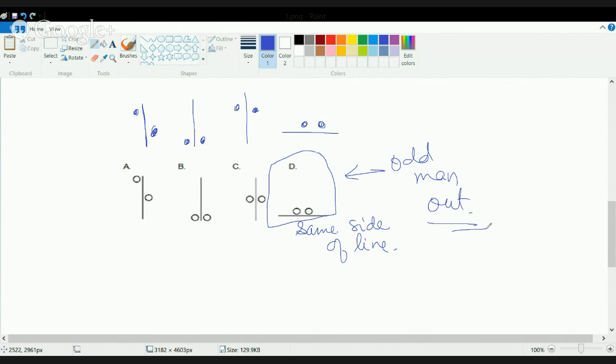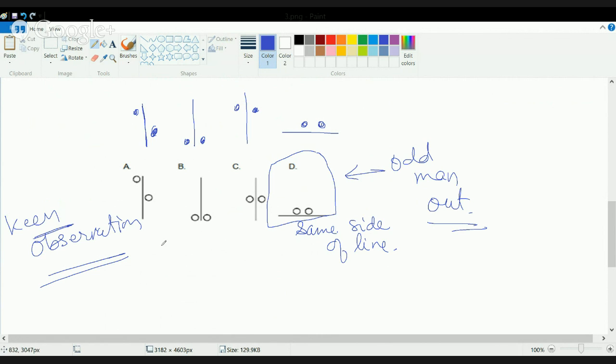So you need to do very keen observation in these kinds of questions, especially in the non-verbal sections. I'll repeat what we did in this question. Don't get confused with whether it's a horizontal line or a vertical line. What we need to see is the location of the balls along the line.